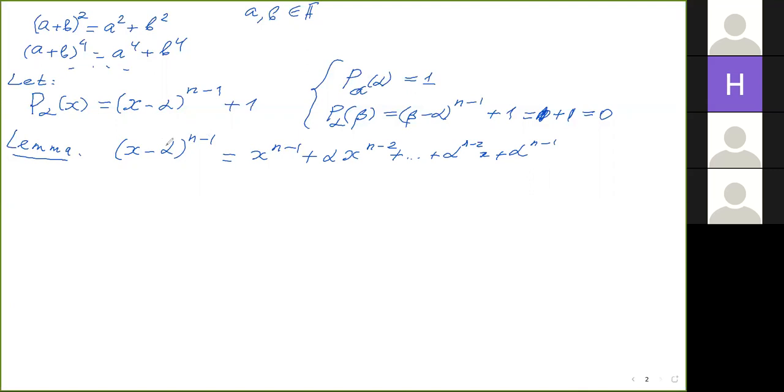In all the formulas, we can use plus instead of minus because in our field, addition and subtraction coincide.